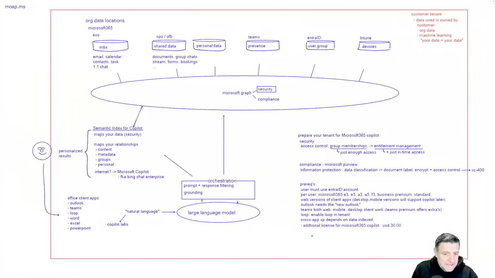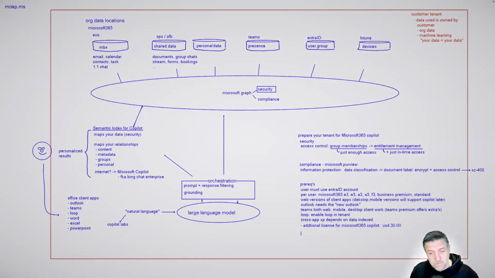So that's the prerequisites. And then, if you have taken the time to secure your tenant, if you have set up, for example, document classification and labeling in Microsoft Purview, if you have all the prerequisites here, then it is time to basically go through the Copilot setup.